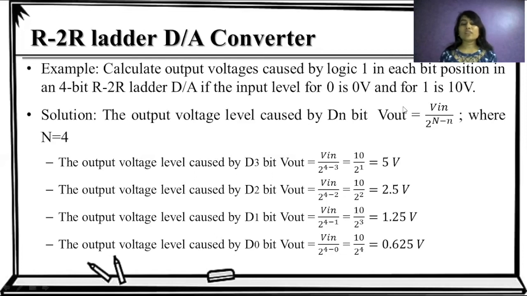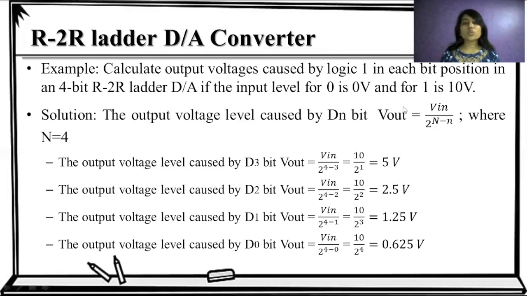So we have the equation for D7 as Vin divided by 2 raised to 8 minus 7, so basically 10 divided by 2. Then we have 10 in powers of 2, like 10 divided by 2, then 10 divided by 4, then 10 divided by 8, 10 divided by 16, then 10 divided by 32, 64 and so on.